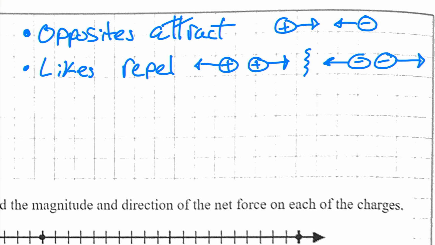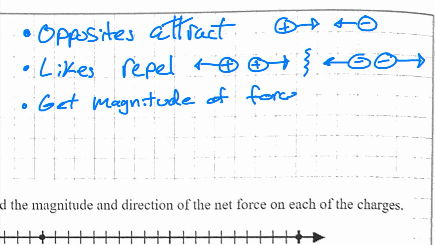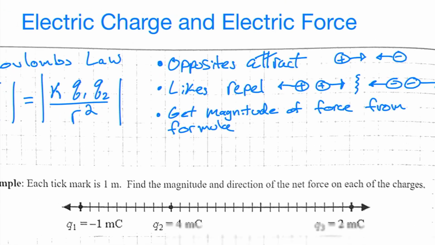And with Coulomb's law, we should get the magnitude of the force from the formula. And of course, magnitude means ignore any negatives that you get along the way.